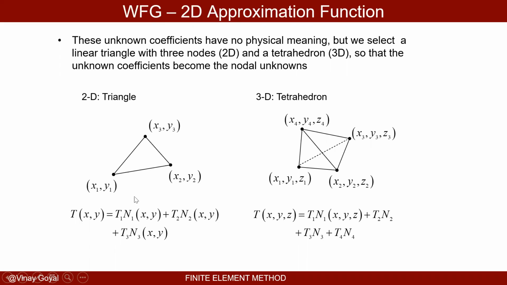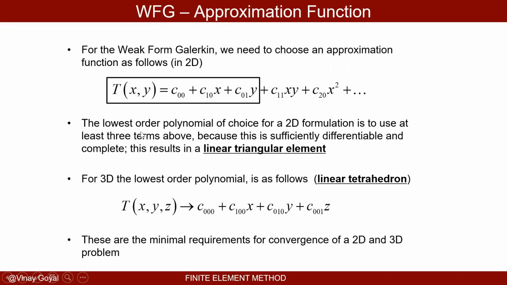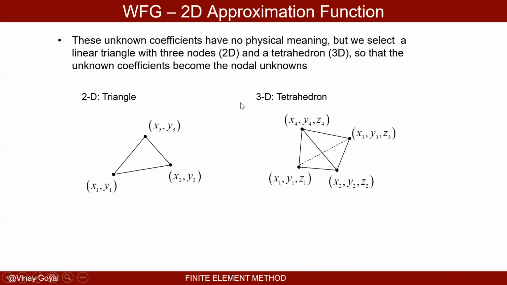This is a better way to approximate the solution to the problem because now T1, T2, T3 are the nodal unknowns at each of these nodes. You can see here that you have three unknowns, but these unknown coefficients have no physical meaning, and that's why we're trying to reformulate the approximate function in a way that's clearly understood.